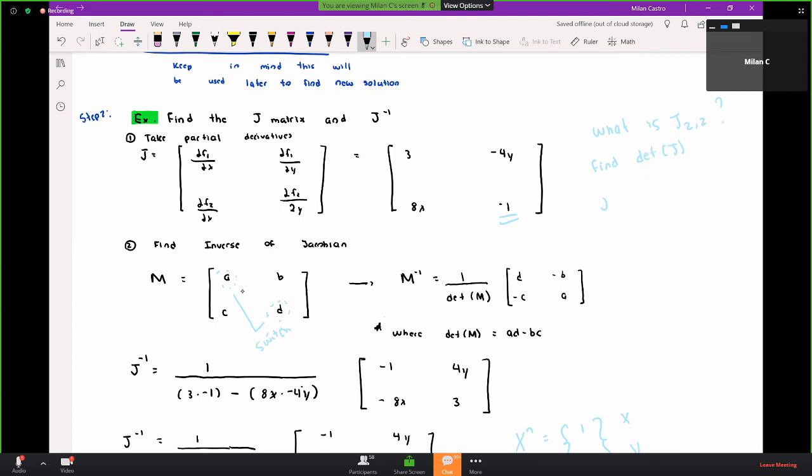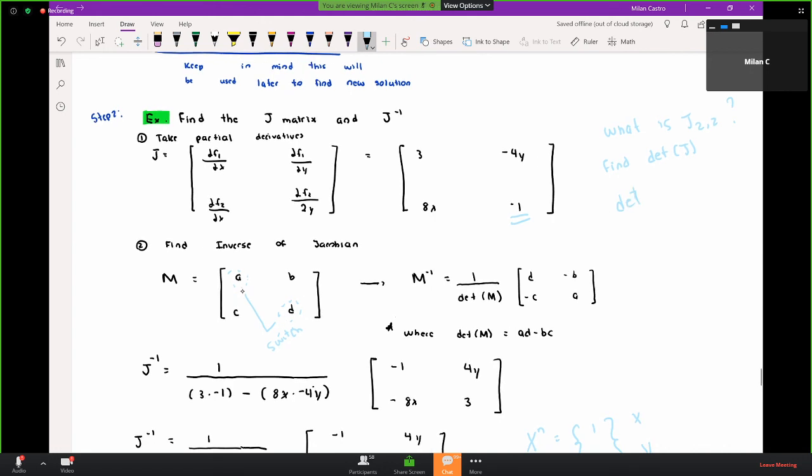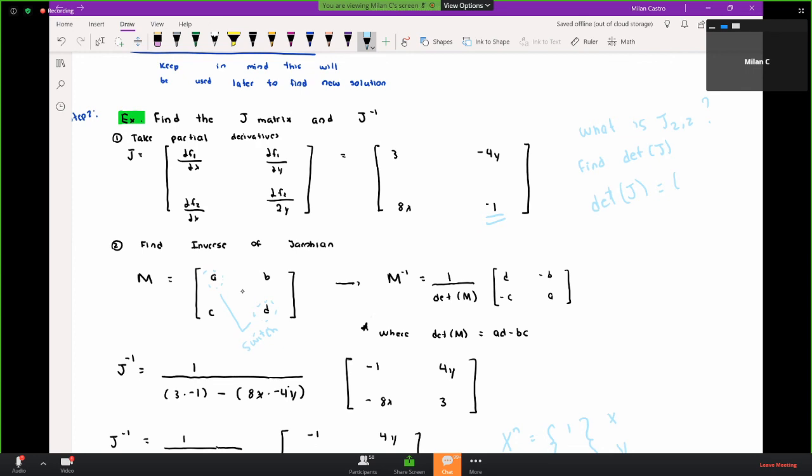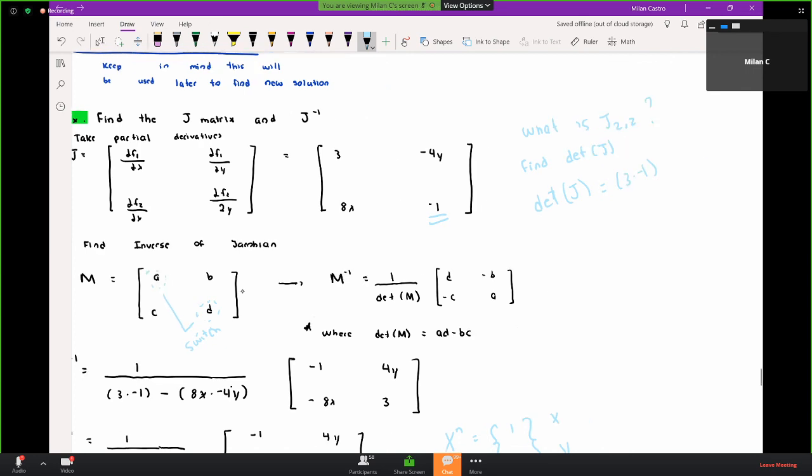The determinant of the Jacobian is equal to 3 times -1 minus -4y times 8x. So the determinant of the Jacobian equals -3 plus 32xy.